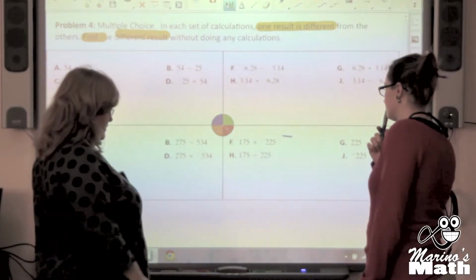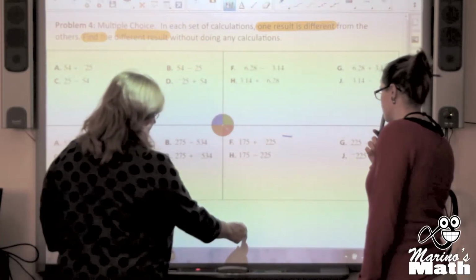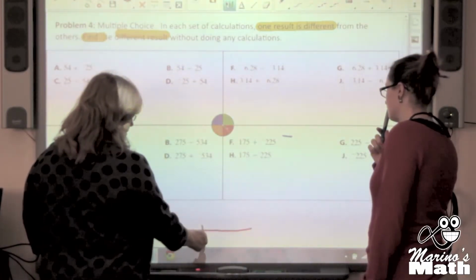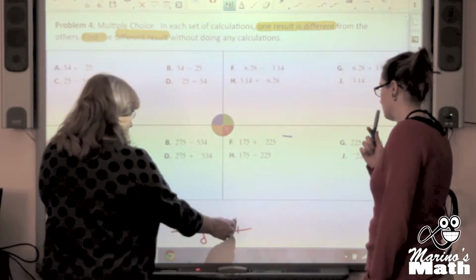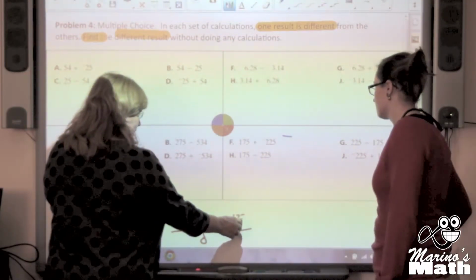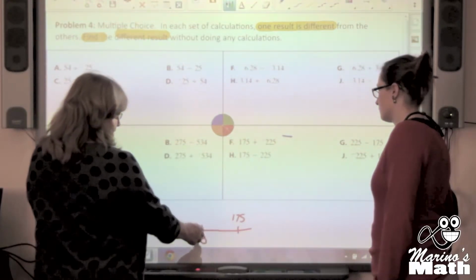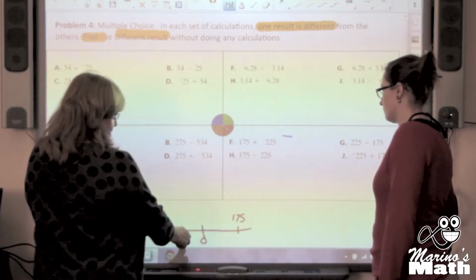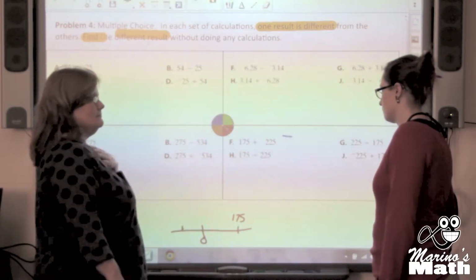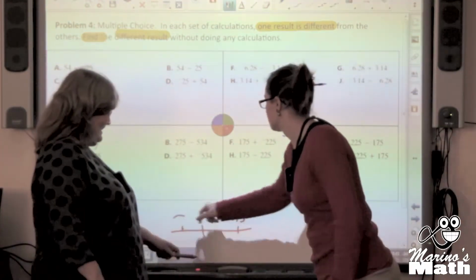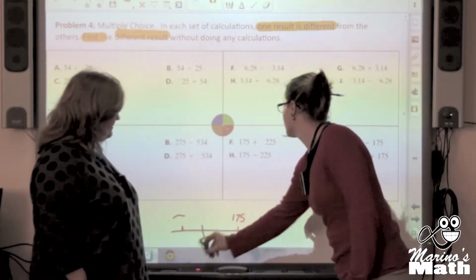Well, if you picture a number line and you start at 175, say here, and you subtract 225, that's going to take you to 0 and beyond. So you're going to end up with a negative answer. So we have another negative answer.